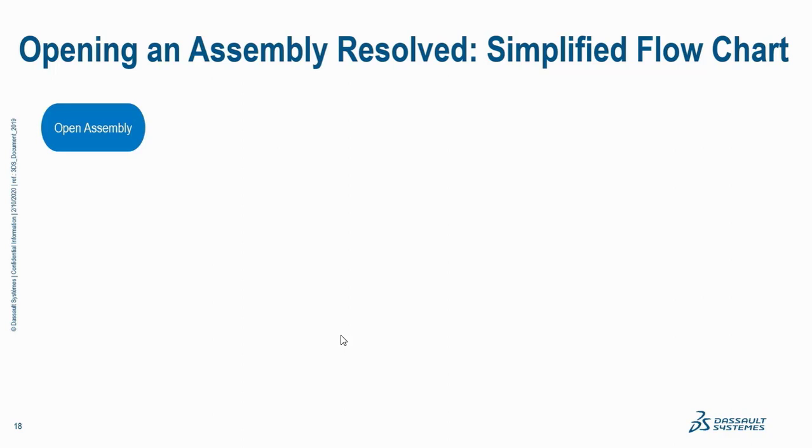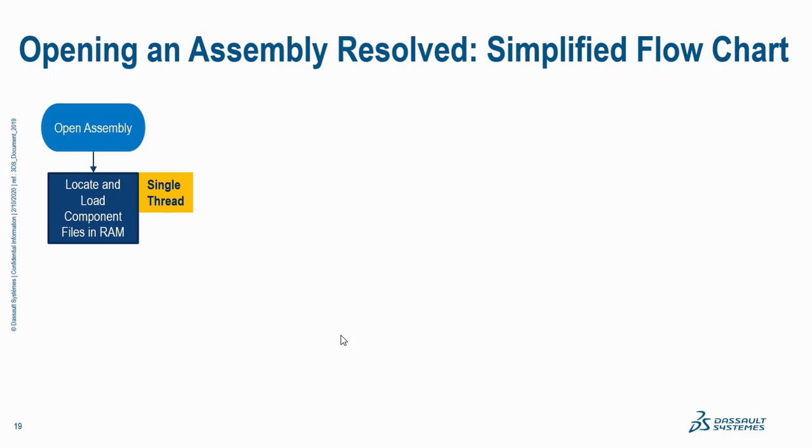First you open the assembly. It will locate and load the components and files into RAM. I already mentioned that RAM is the first element where data is registered for processing. The assembly has component data that will load into the RAM, and it locates all these components.